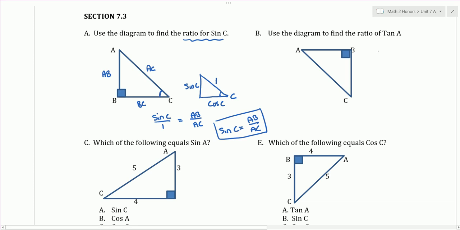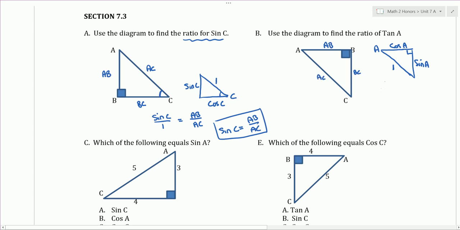In the next diagram, we draw a triangle that's similar to this. We're focused on angle A. Here the hypotenuse, the right triangle, so this is 1, this side would be the sine of A, the side opposite, this side would be the cosine of A. And we want tangent. Tangent is sine over cosine. In the other triangle we have side length AB, side length BC, and side length AC.